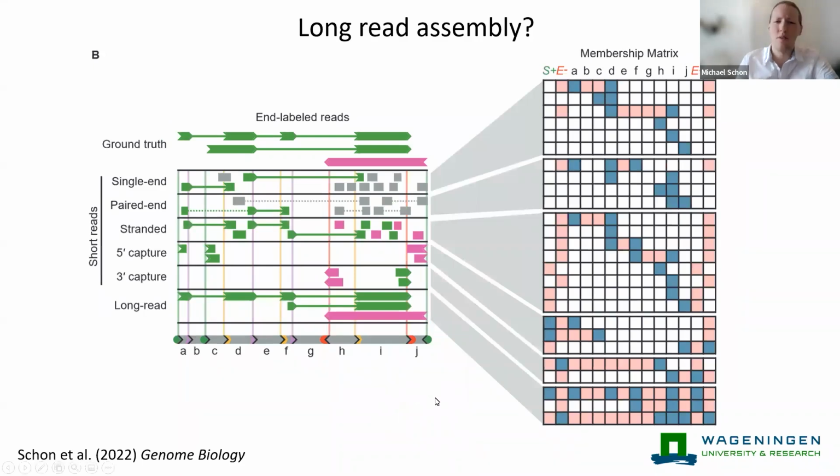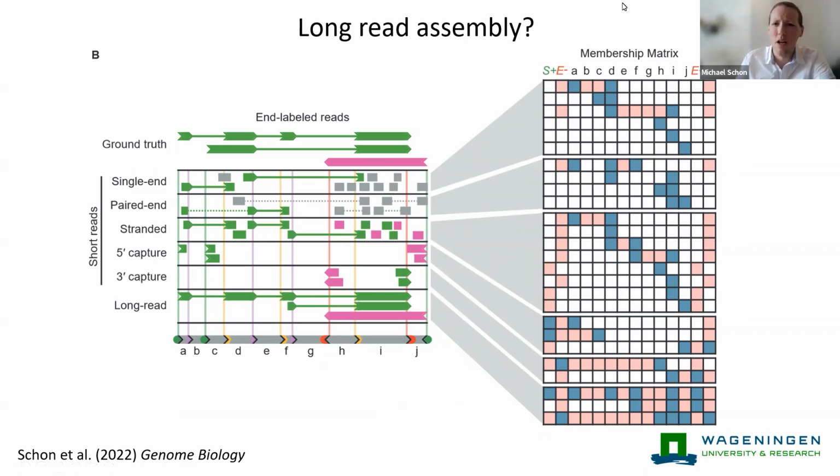So if we take a look at all RNA sequencing data types, we can see that the membership matrix generalizes very well, even to very simple sequencing methods. Unstranded single-end short reads simply produce low information content elements in the matrix.